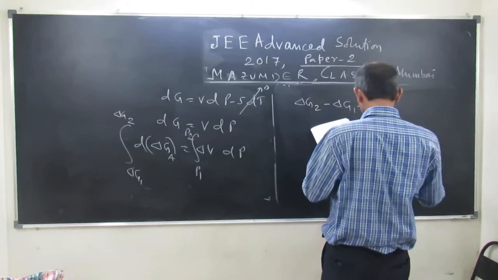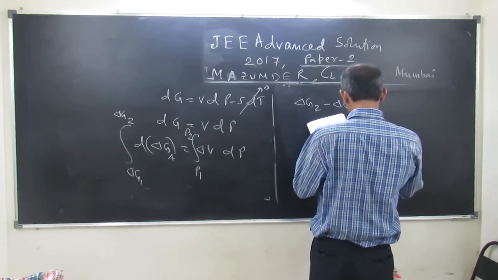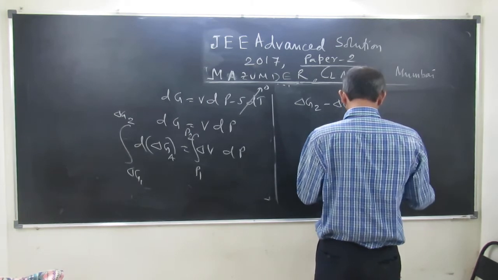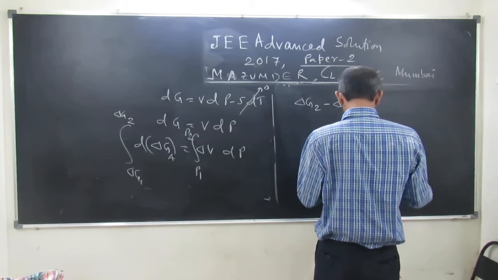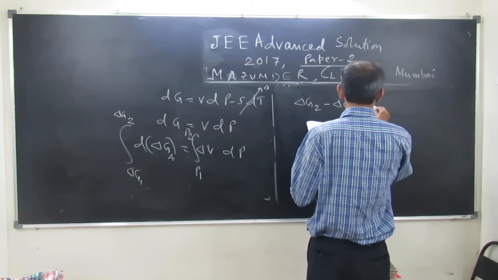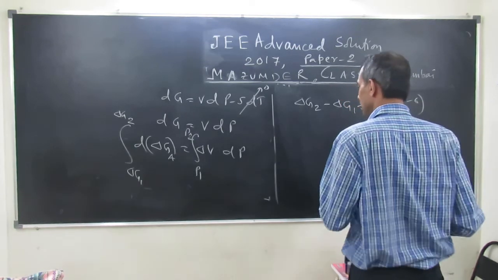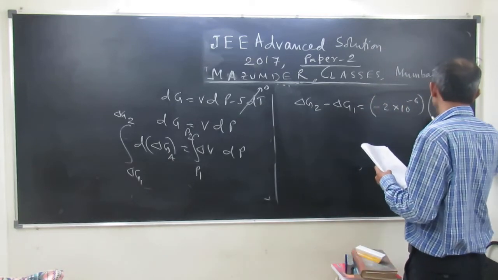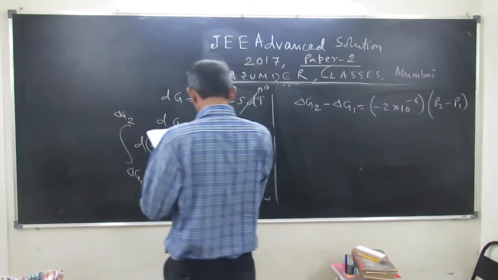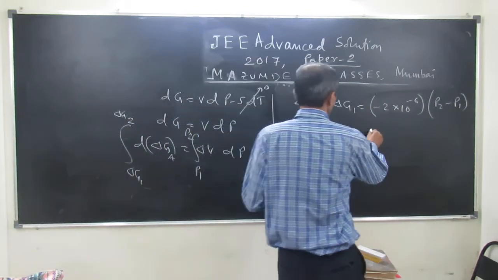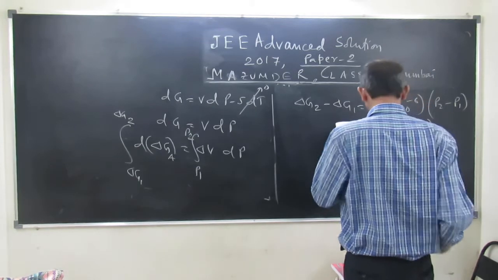The quantity delta V is given to us: it is 2 into 10 to the minus 6, and the change in pressure is P2 minus P1. So if we put the values in, we get minus 2 into 10 to the minus 6 into (P2 minus P1).